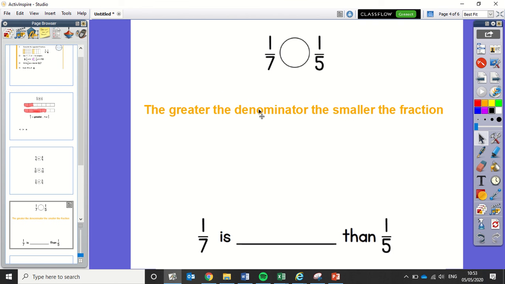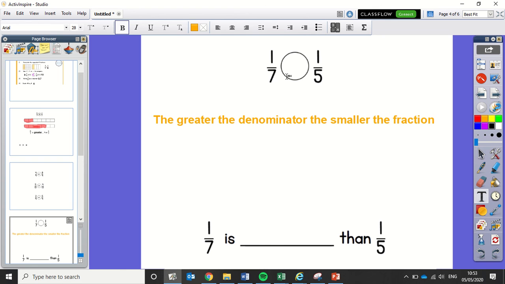So which denominator is greater? Is it a 7th or the 5th? Well, 7's a greater denominator. They're both unit fractions, so we don't need to worry about the numerator. So the greater denominator, the smaller fraction. 1/7 is smaller than a 5th.